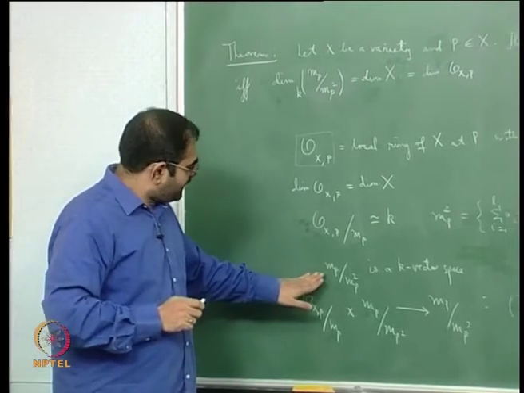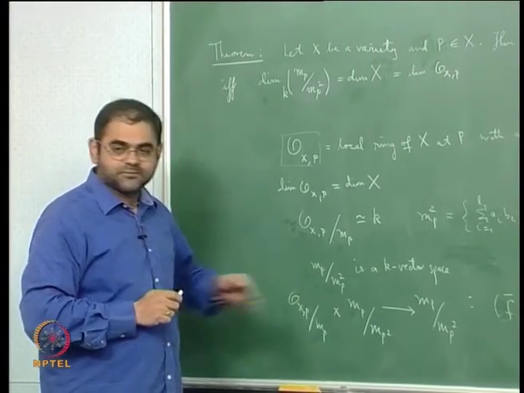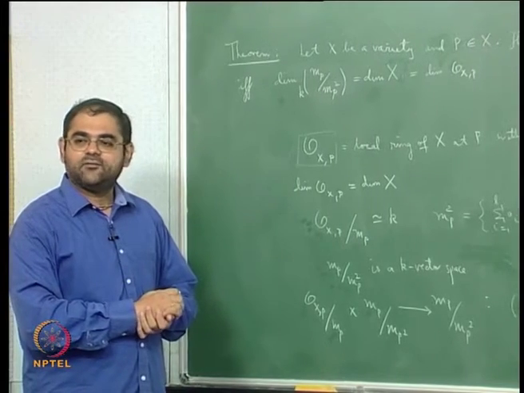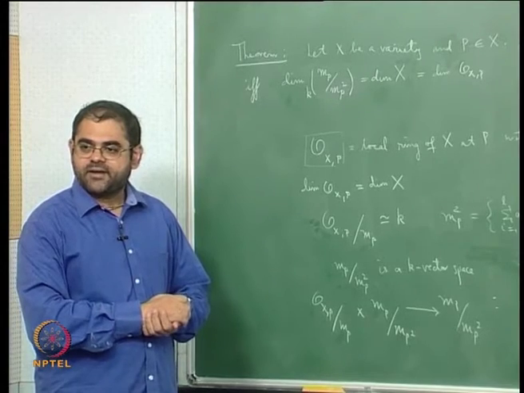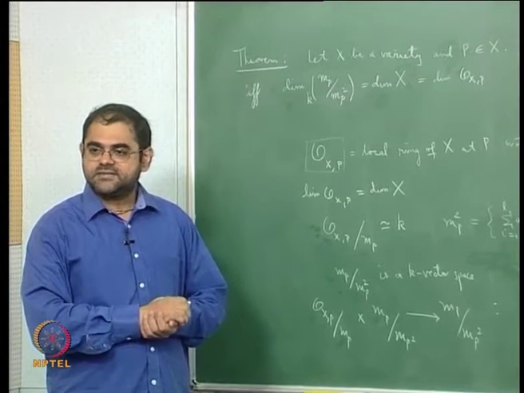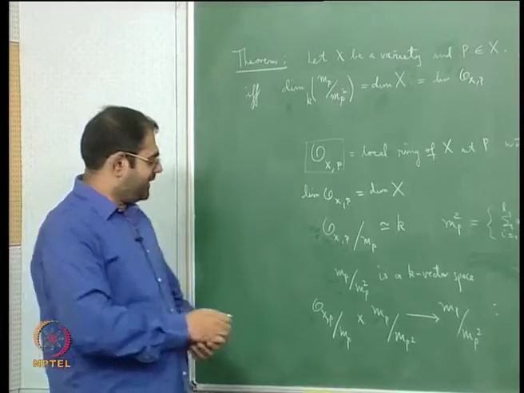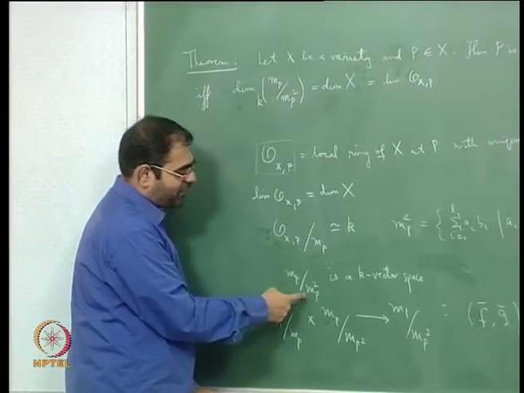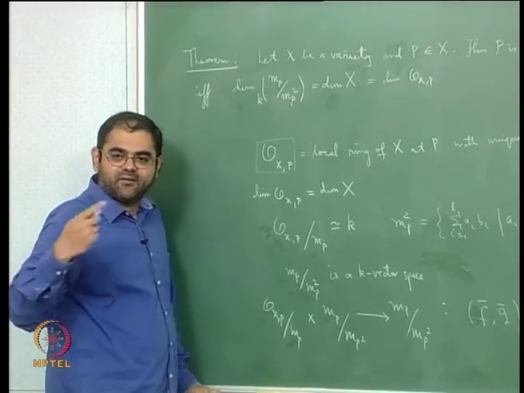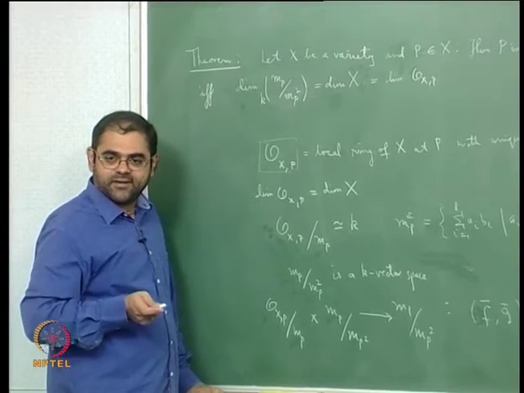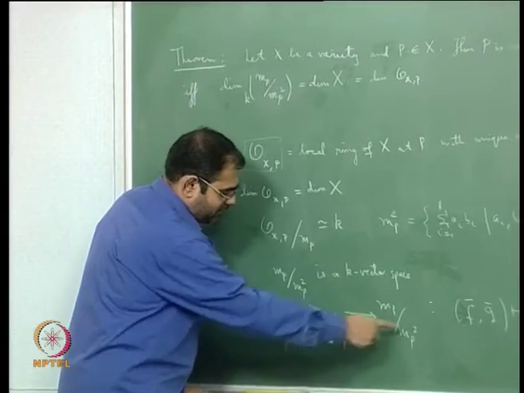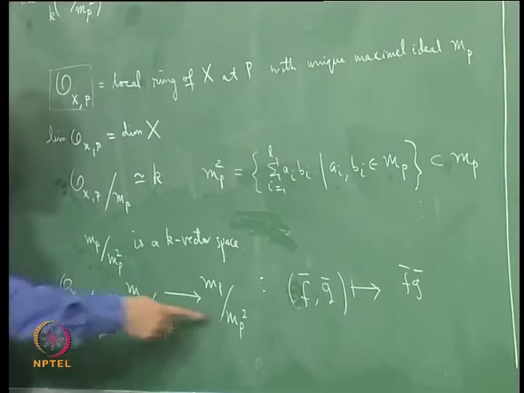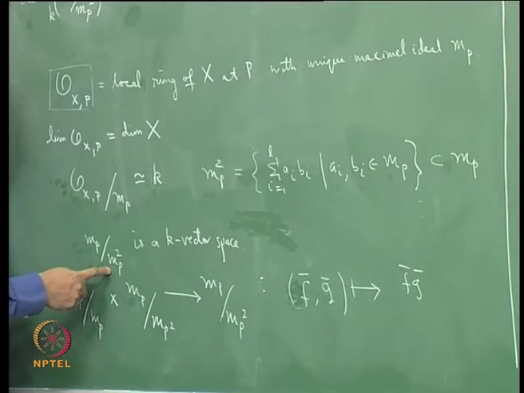So in a sense this corresponds to reading only the linear term, and the first order term is always the derivative. So going M mod M squared is reading off the derivative in a certain sense, okay, and therefore this is how M mod M squared becomes a K vector space, okay.